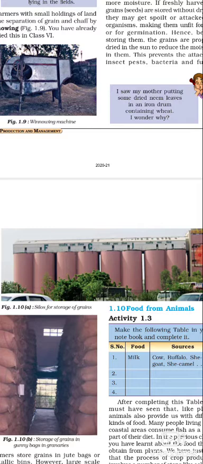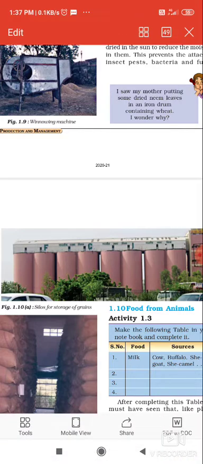So before storing, when you put the grains in jute bags, then those jute bags need to be placed in the godowns. But firstly that godown should be properly maintained. It should be properly treated with the chemicals so that there should be no pest, rodents.